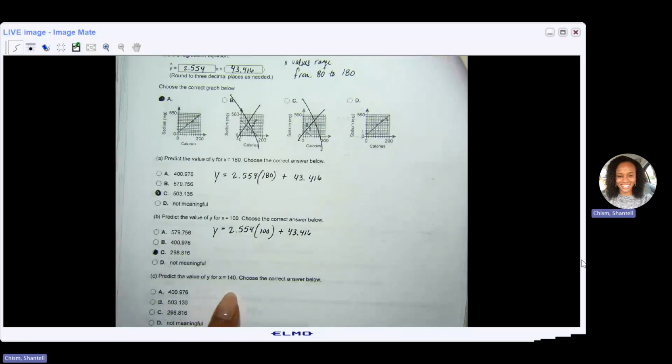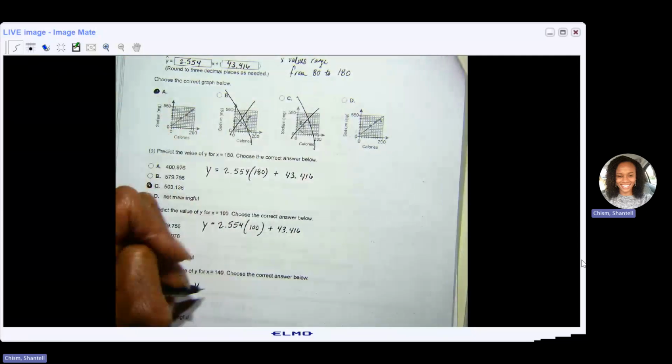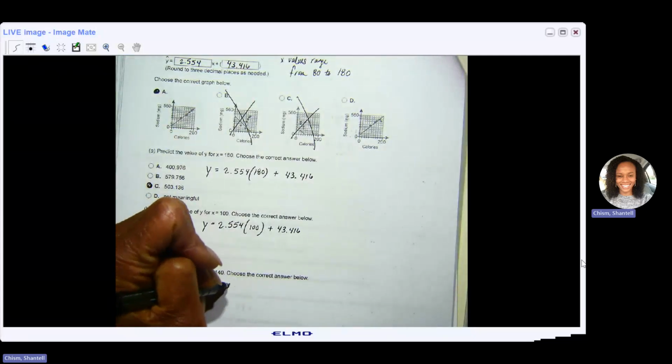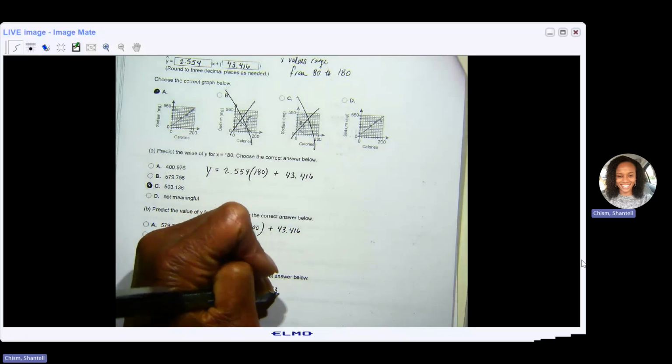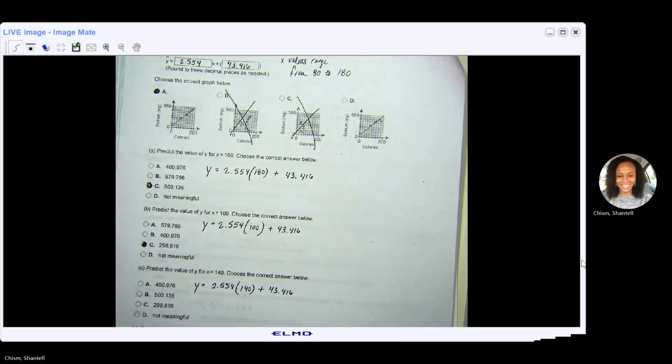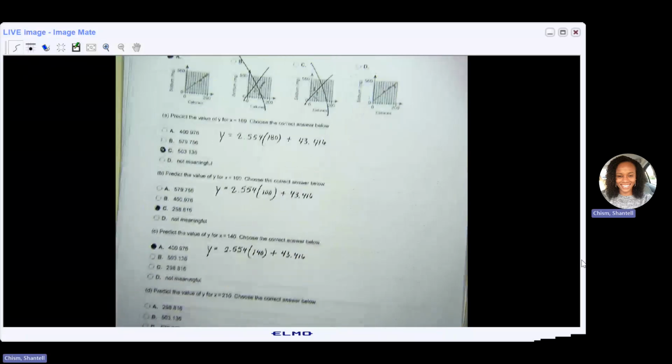For part C, let x be 140. 140 is within that range. So 2.554 times 140 plus 43.416. That gives us A. And then lastly, you can't predict for the 210 because it's outside of the range.